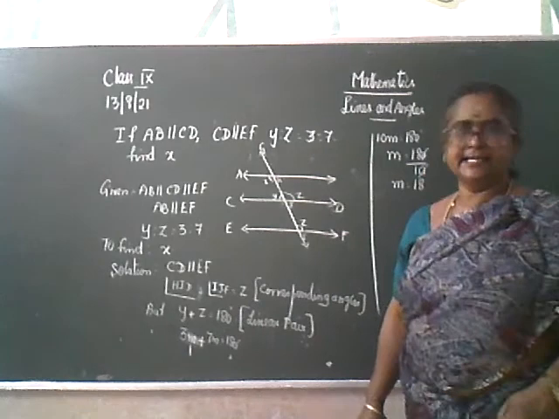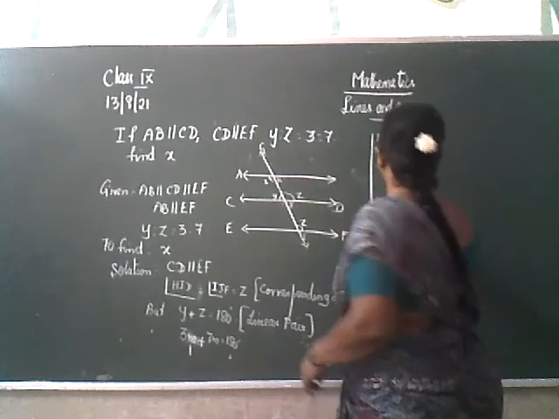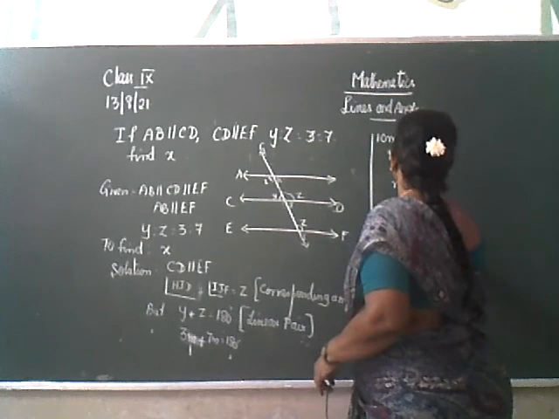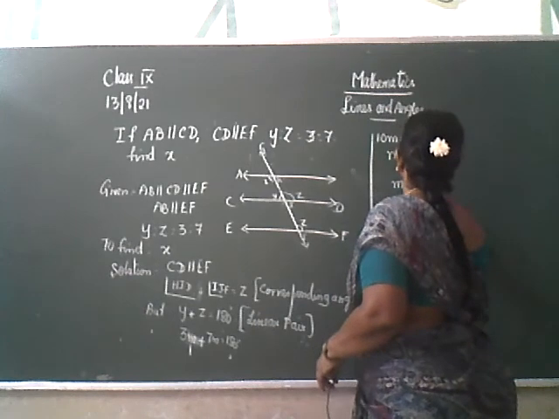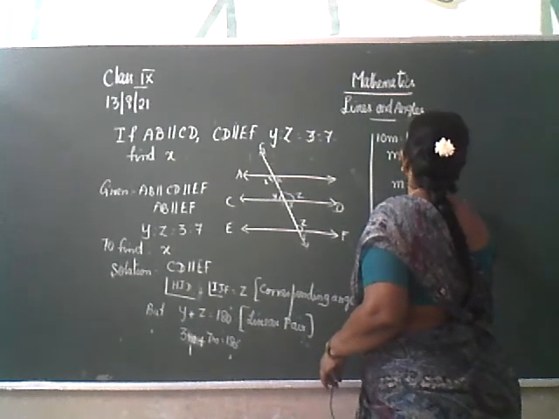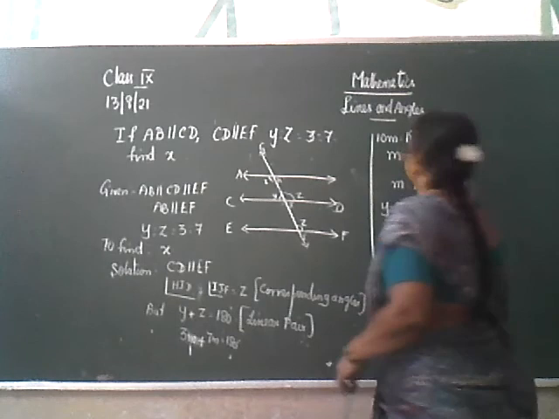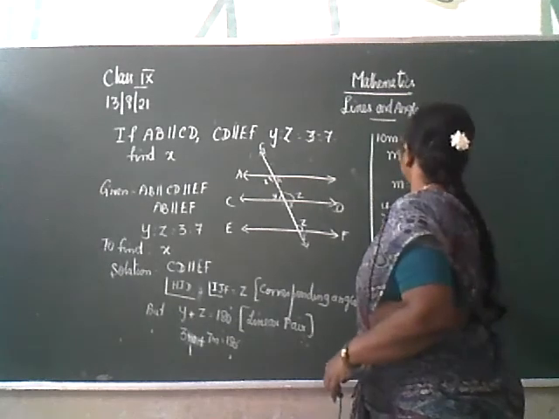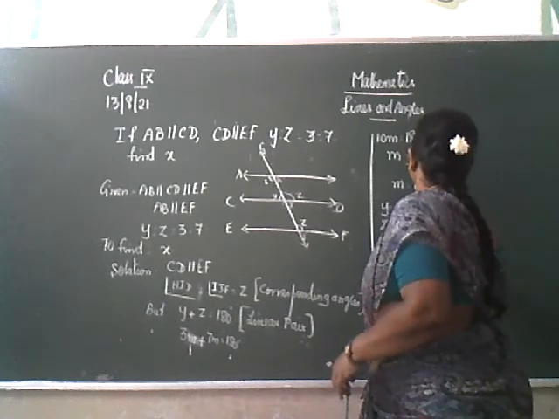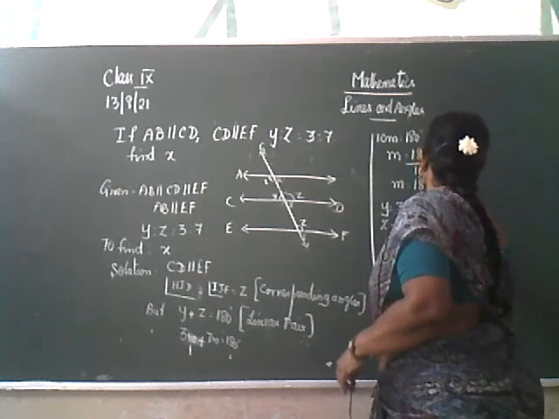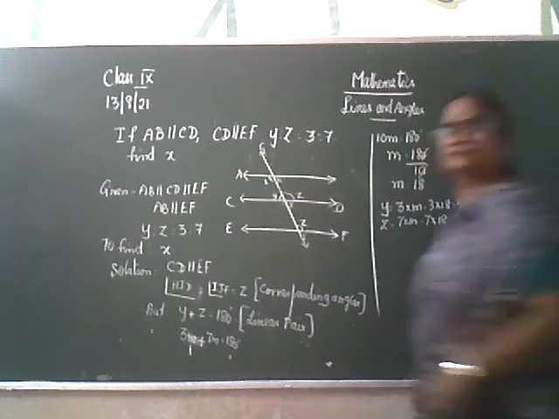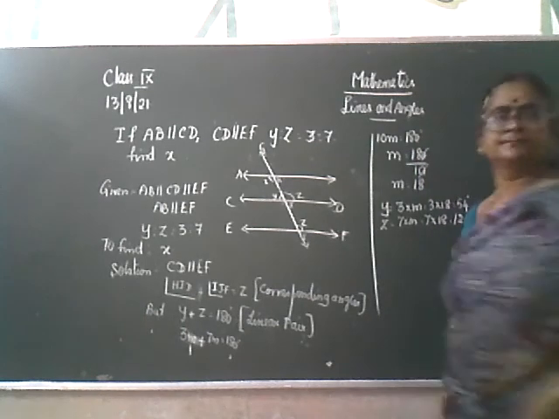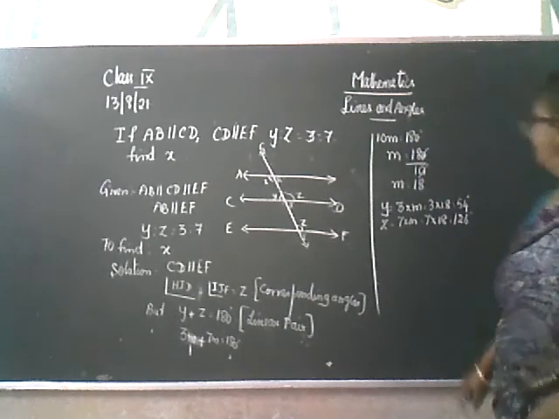So what is y? Y is 3 into m. So 3 into 18, 54. What is z? 7 into m. So 7 into 18, 126. Okay. Now you know y and z.